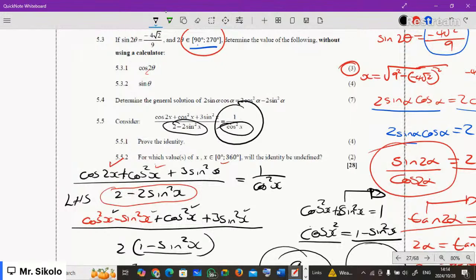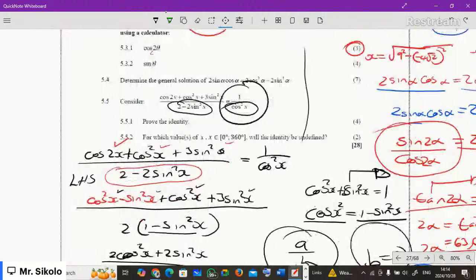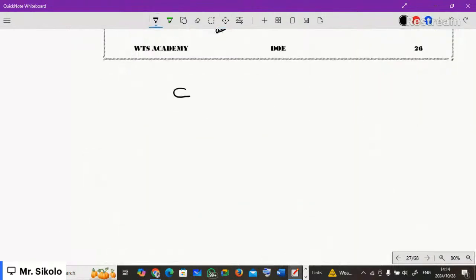Then now if we start with this one, cos squared theta, because on the right hand side it's more simplified, so that in order for the expression to be undefined, that means cos squared x has to be equal to 0.